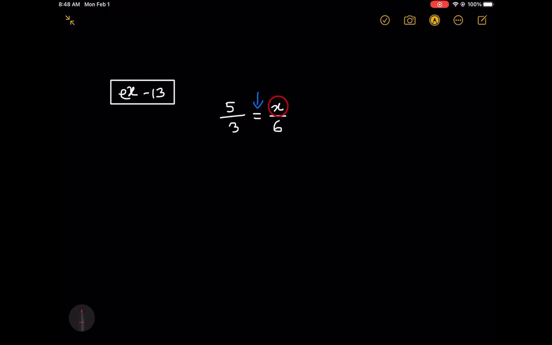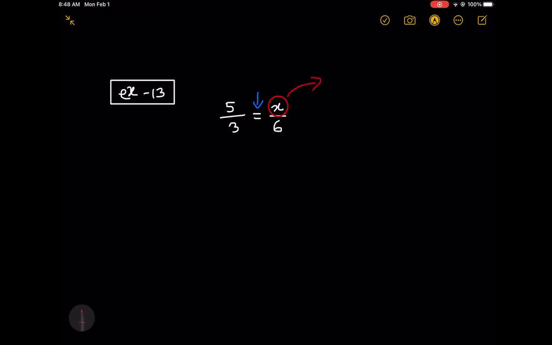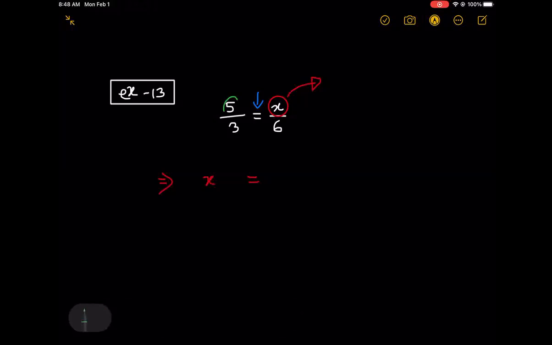Let me show what I'm actually trying to do. I already have it in red. So I want to isolate this guy from the other three values. In this equality, I want to have x on one side and the other three numbers, which are 5, 3, and 6, on the other side.